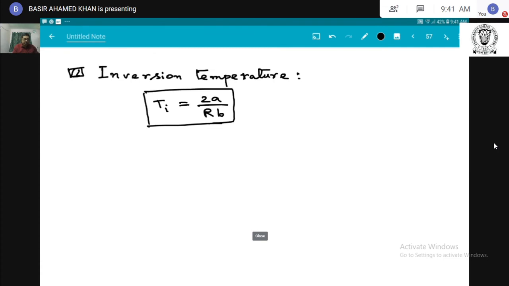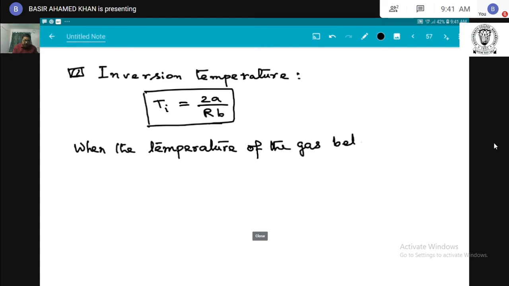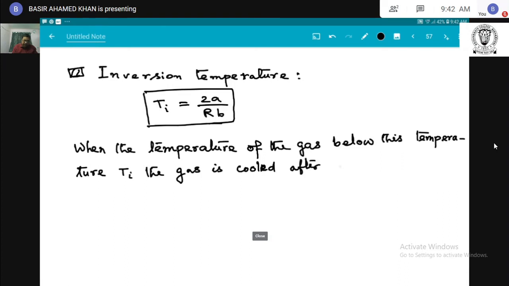Now when the temperature of the gas is below this temperature Ti, the gas is cooled after JT expansion.